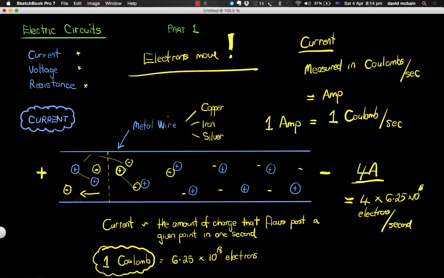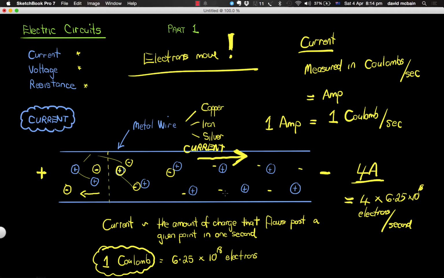So if we're looking at this circuit in this diagram here, the positive charge would move to the right. That is what we call the direction of current. It's the direction that positive charges would want to move.